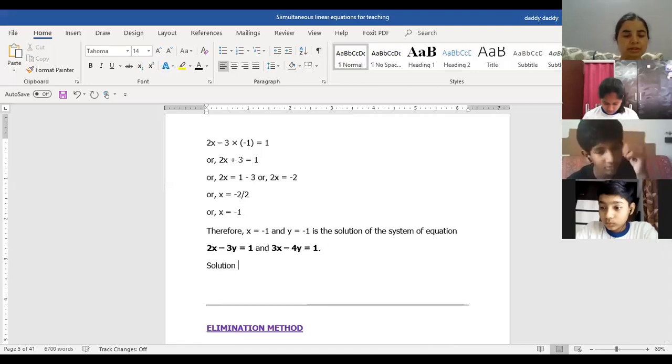Solution set is equal to, put a bracket, minus 1 comma minus 1. Like this you will write. And these values of x and y will hold good for both the equations, 2x minus 3y is equal to 1 and 3x minus 4y is equal to 1.